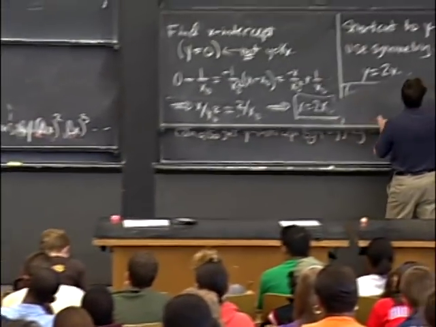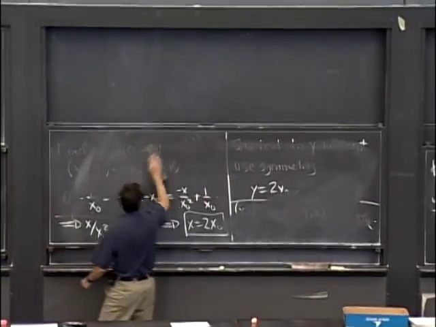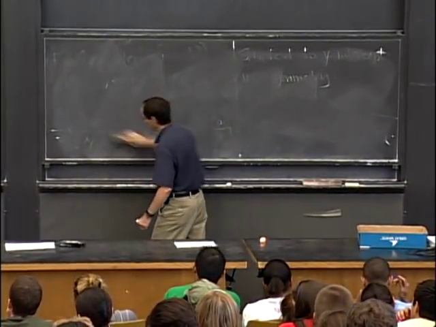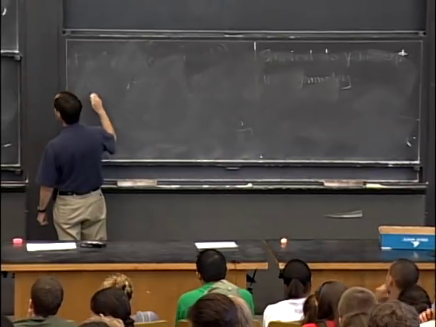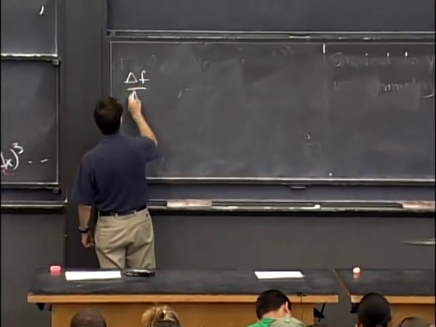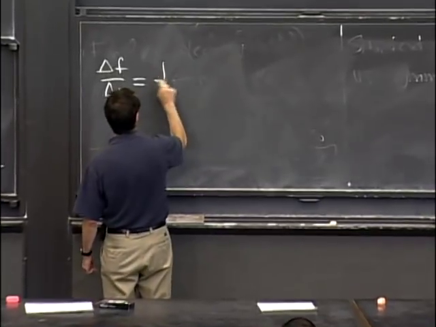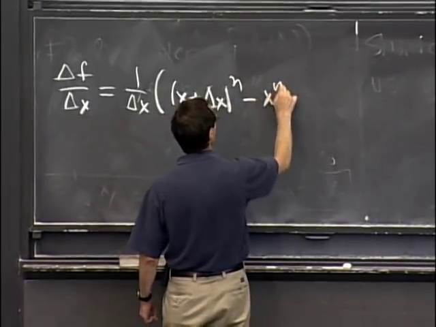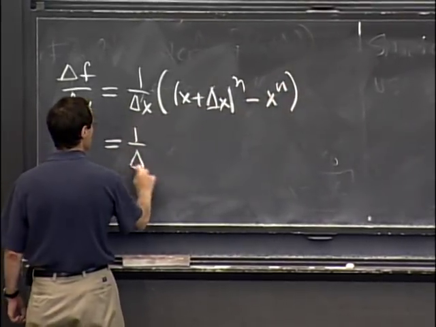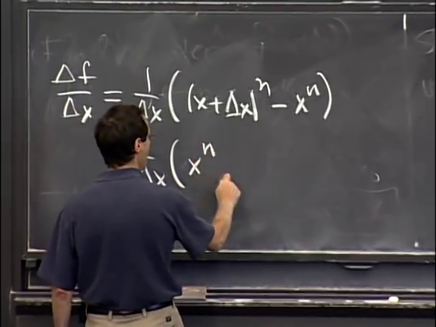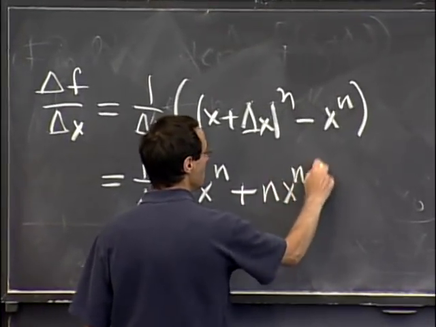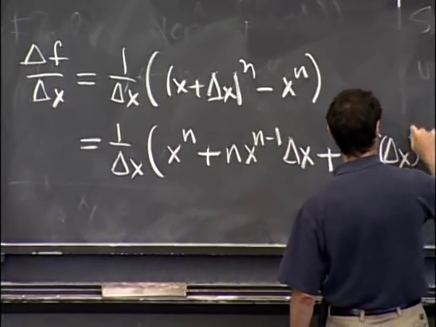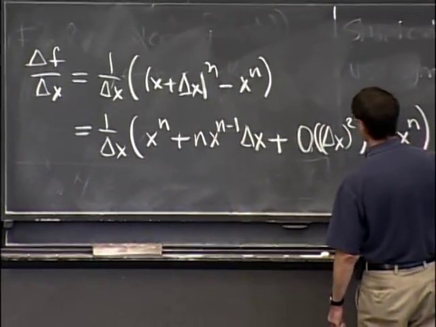So now I'm going to just carry out the cancellations that we need. So here we go. We have delta f over delta x, which remember was 1 over delta x times this, which is this, times, now this is x to the n plus n x to the n minus 1 delta x, plus this junk term, minus x to the n.